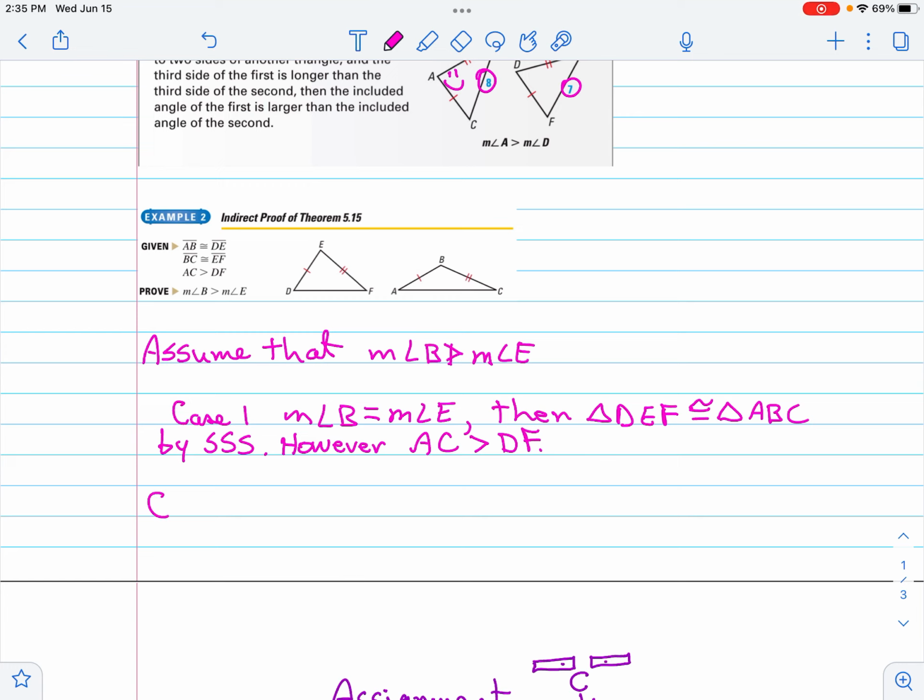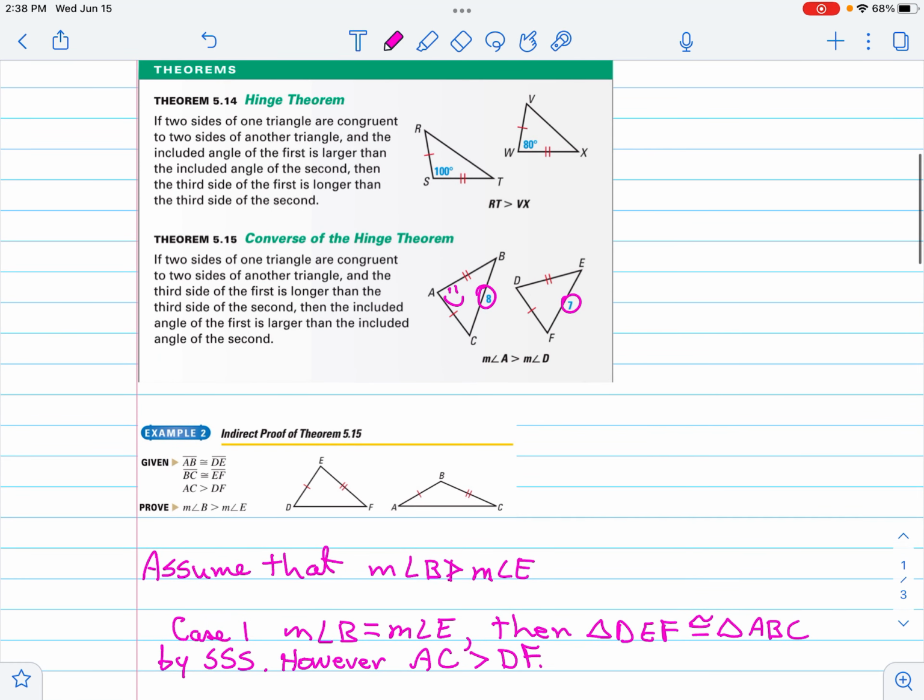Now let's look at case 2. Case 2, we're going to say the measure of angle B is less than the measure of angle E. Let's see what follows from that. Well, if we make that assumption, then AC is less than DF, and that's by the Hinge theorem.